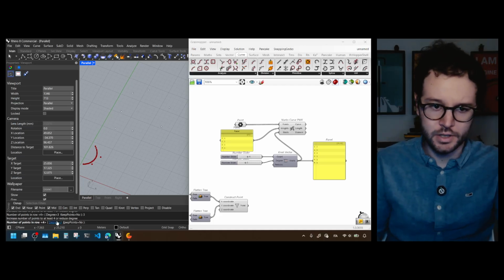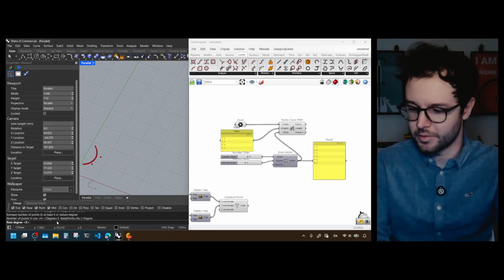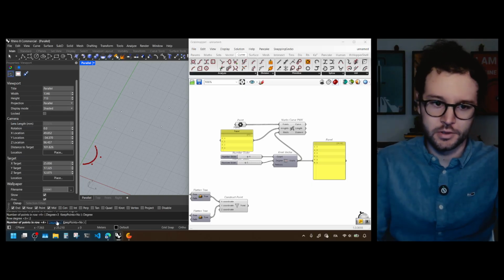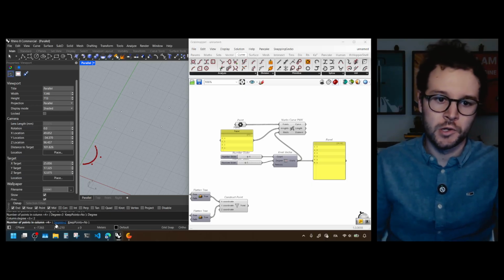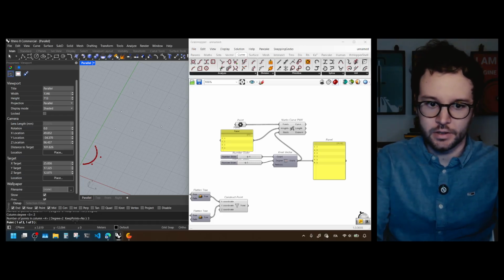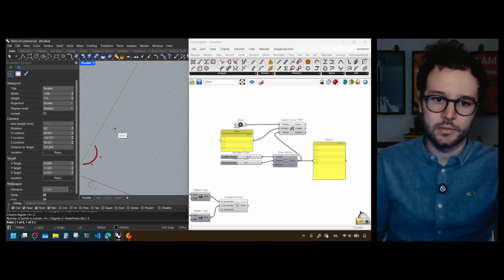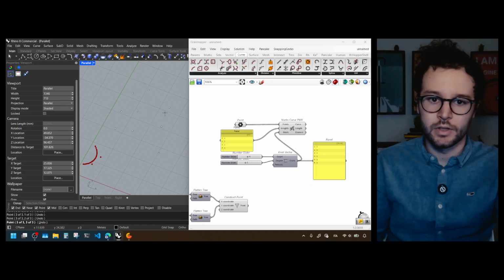And I have to change the degree, because with 3 points you can do degree 2. So I'll just do degree 2, and the points are now 3. And then the other direction, again, the degree is 2, and the number of control points is 3. And now it asks me for the points in order. So 1, 2, 3, 1, 2, 3, 1, 2, and 3.